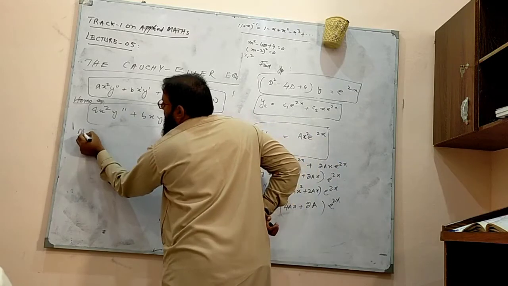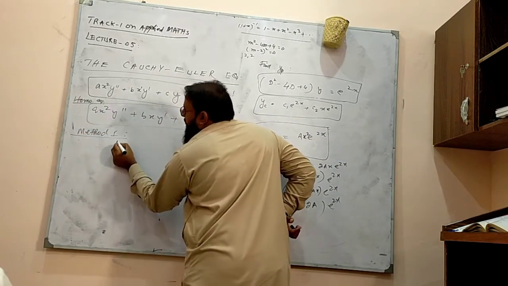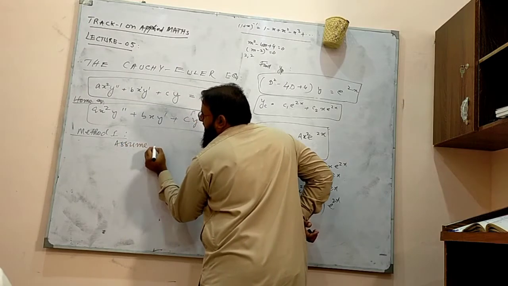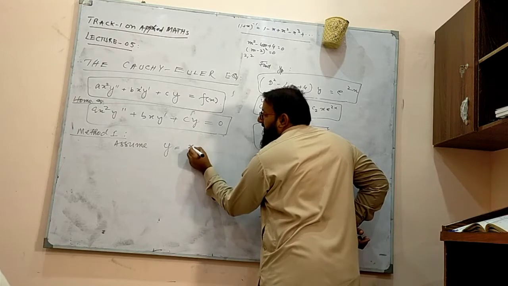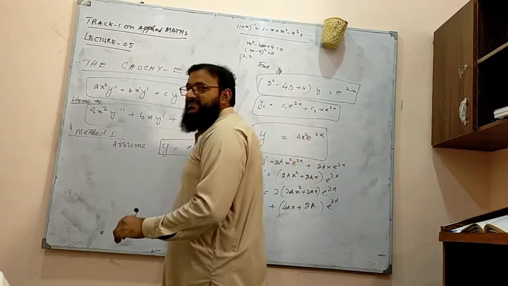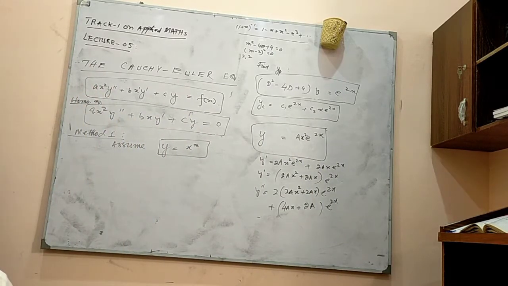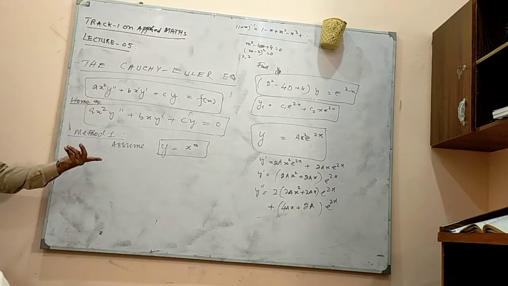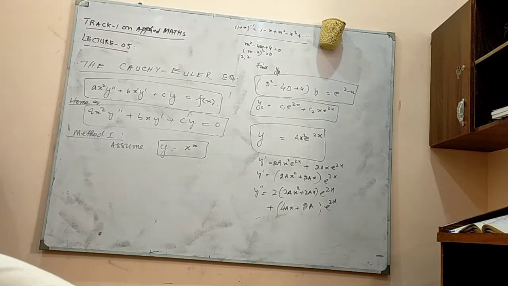There are two ways to solve it. Method 1 is to assume that this is its solution: y is equal to, now it is not exponential form, it is some power of x. x power m. We'll assume that this is the solution of this Cauchy Euler equation, in the form of what we can call a polynomial, but it's not always, because the value of m can be anything.